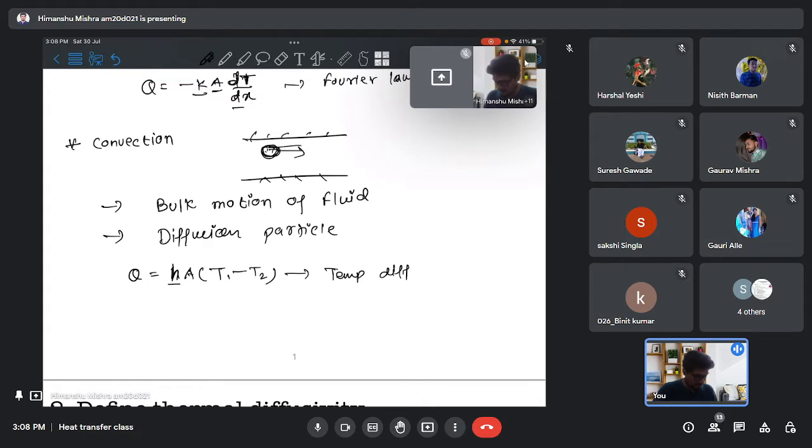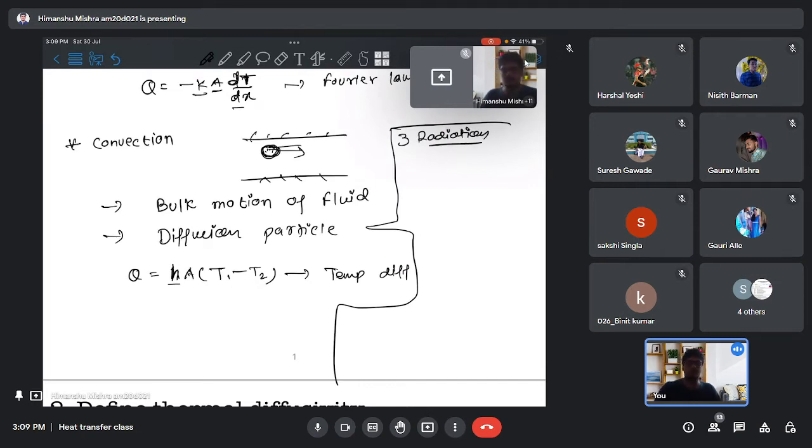Similarly, we can define the third mode of heat transfer, which is radiation. In radiation, there is a transfer of heat due to thermal radiation. Any body having a non-zero temperature is able to emit thermal radiation, and this thermal radiation transfers from the higher temperature to the lower temperature.